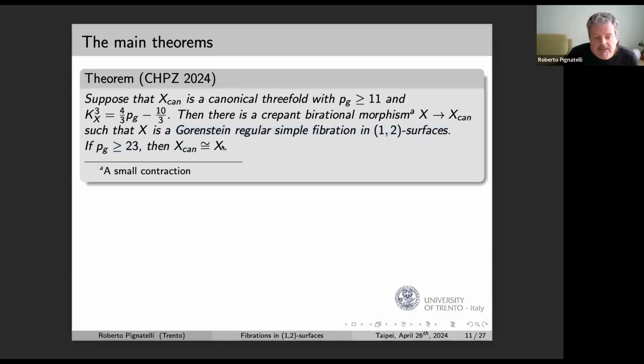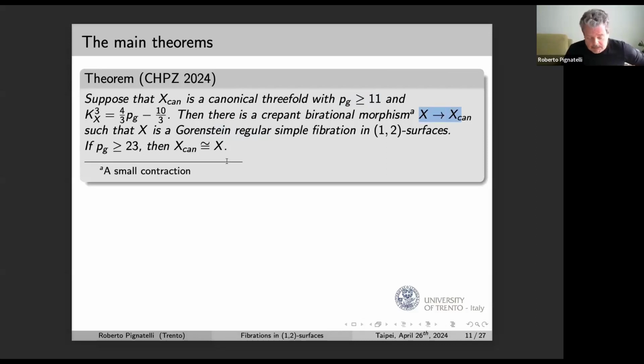So it is not completely true that X has this morphism, because if p_g is bigger than 23, my X can be mapped to P^1 with a morphism, which is a simple fibration in surfaces, and X is regular Gorenstein. If p_g is a little bit less, from p_g bigger than 11, I may need to do a little modification of my X, which is in fact a small contraction.